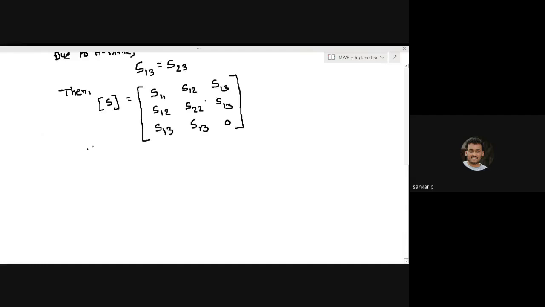Now from the unitary property, you know that S into S transpose is equal to I.